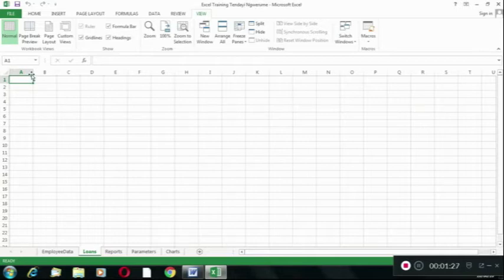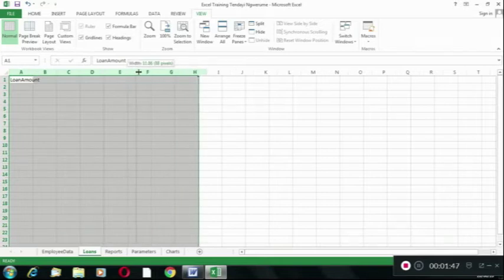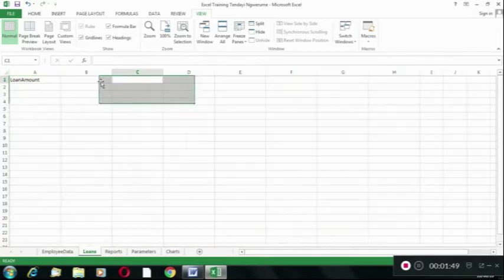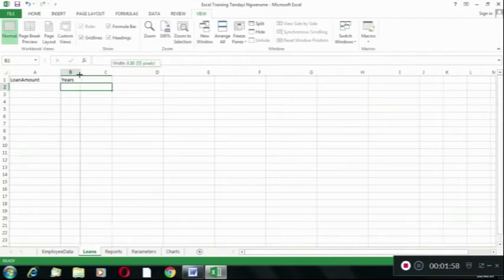So we are going to start by entering the column headings. The first column heading we want in A1 is the loan amount. In other words, how much money do we want to borrow? So let us change the width of these columns. Loan amount, and then number of years over which we want to pay.